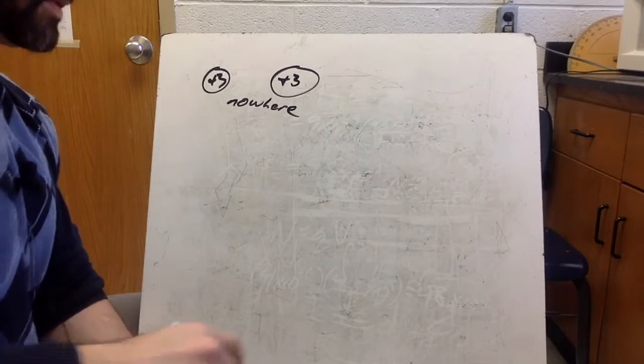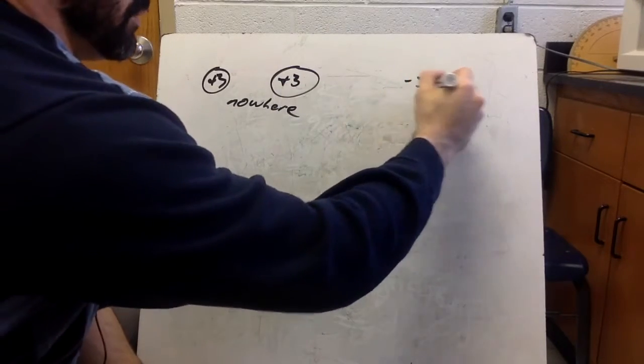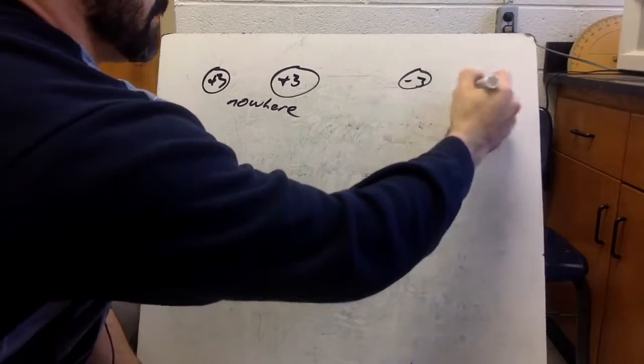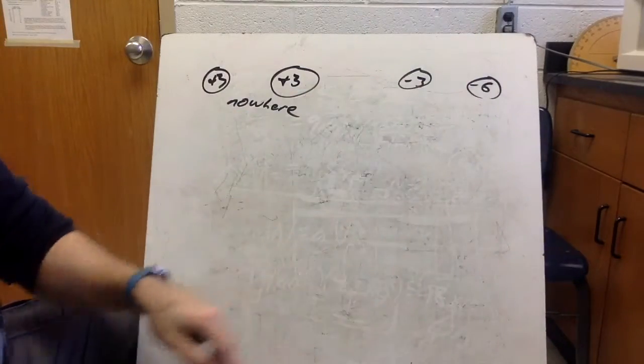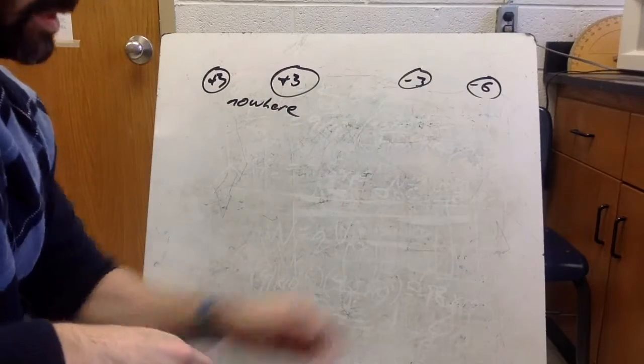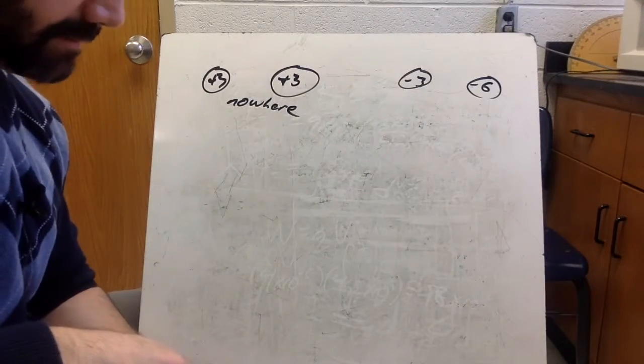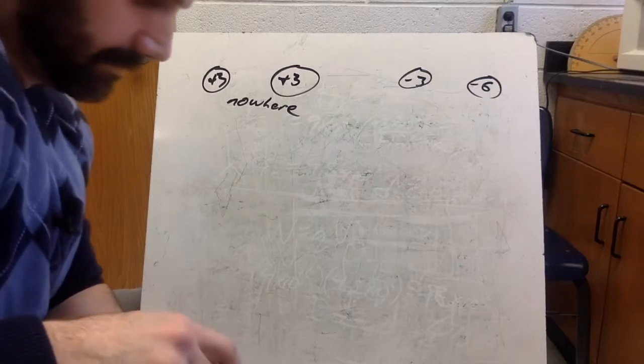Same thing with the other one on the top, negative 3 and negative 6. These are indented down, so everywhere the sheet is below 0, and again only at infinity is that the case.